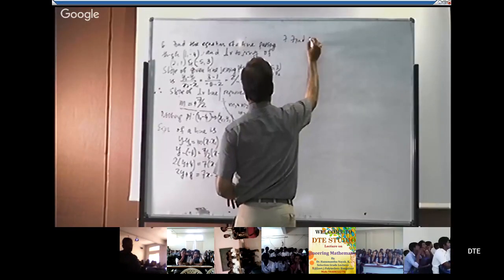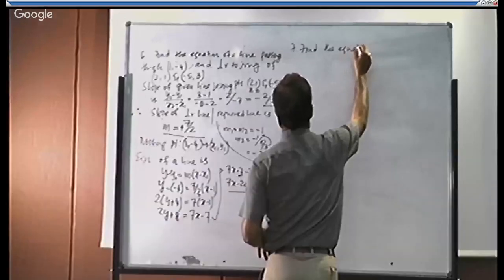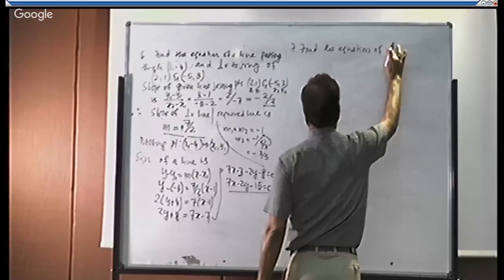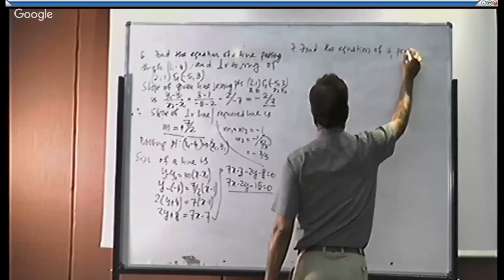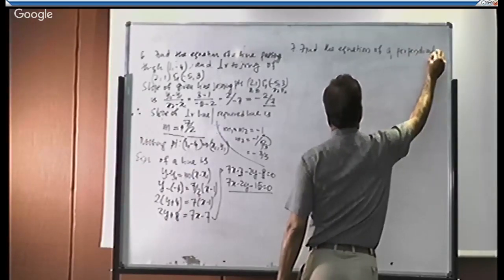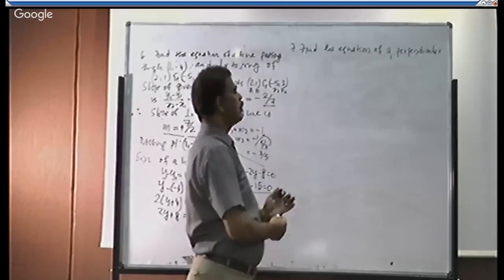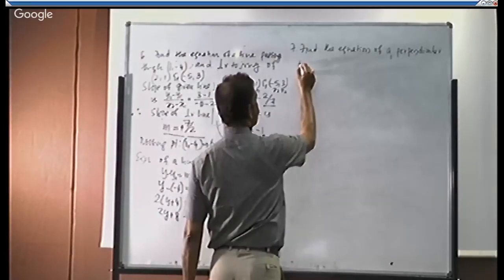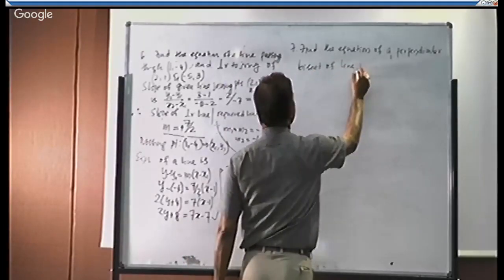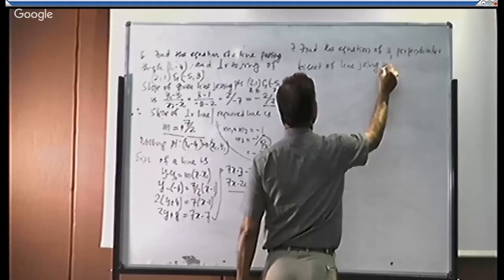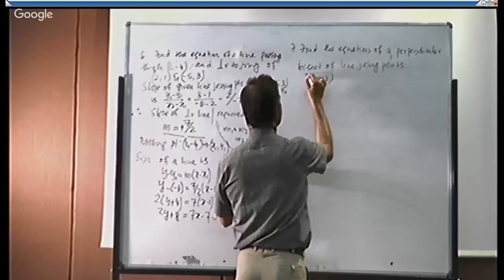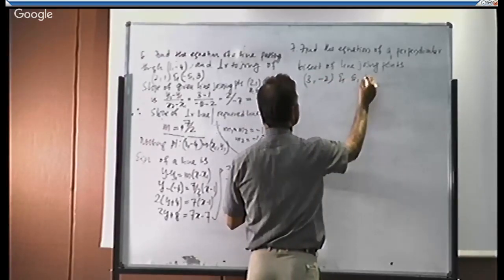Find the equation of a perpendicular bisector of the line joining points (3, -2) and (5, 6).